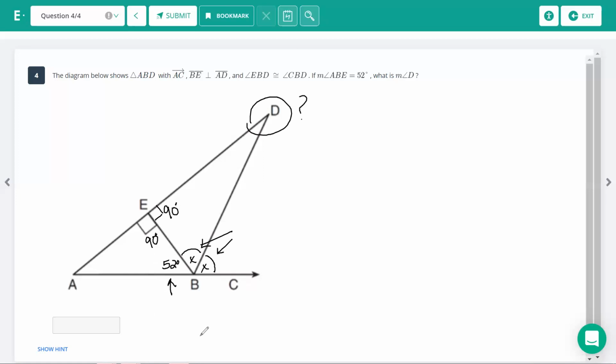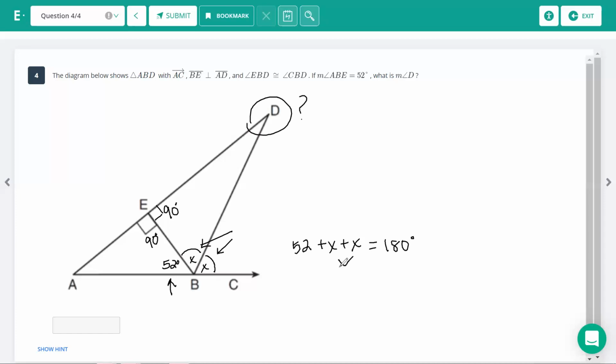So when we know that angles lie on a straight line, they will equal 180 degrees. So that 52 degrees plus my x plus another x, because remember, they're both angles that help make up this 180, but they're going to be the same measure, so that's why we're using the same variable, equals 180 degrees.